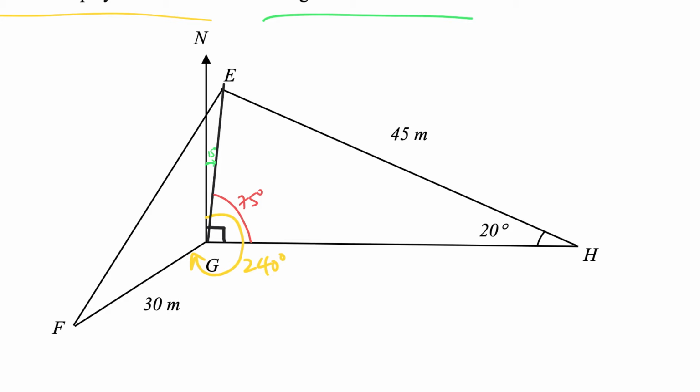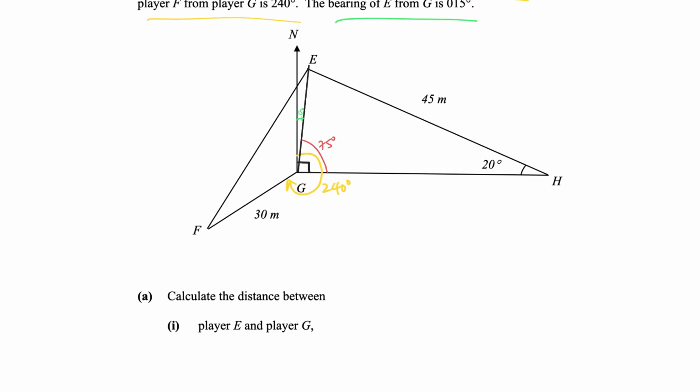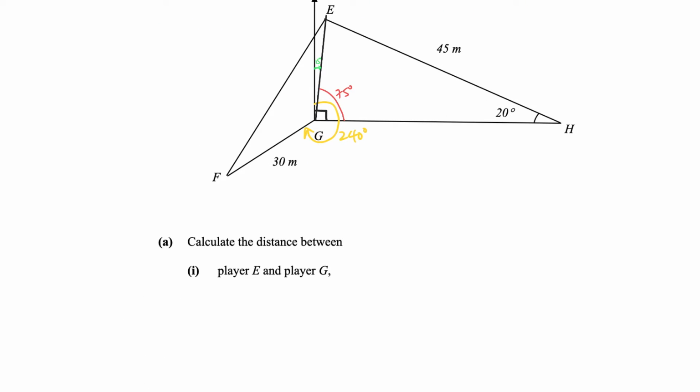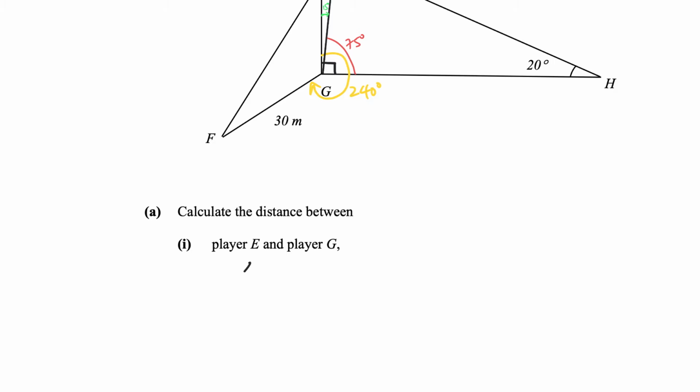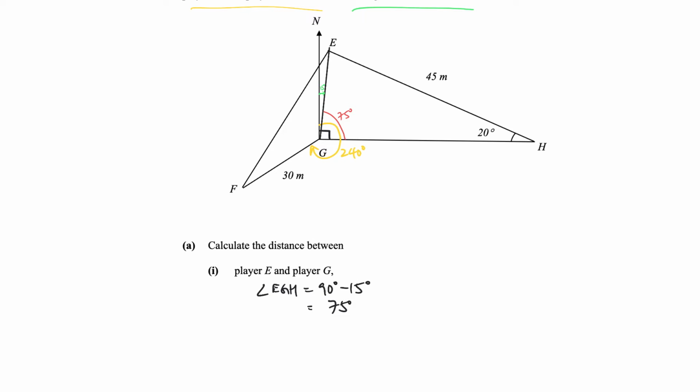And if we see that, then we can apply sine rule. But let's just calculate officially the 75 degrees first. We can say that angle EGH is simply 90 degrees subtract away 15, which is 75 degrees. And then now we can apply sine rule, where we can say that 45 divided by sine 75 equals EG divided by sine 20.